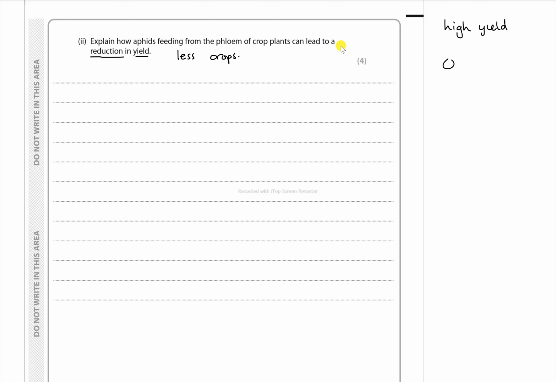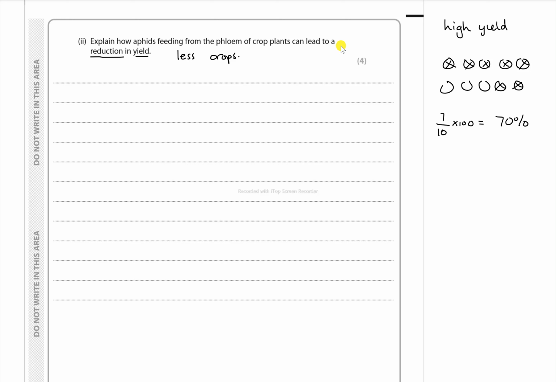And remember the example we gave: I've planted 10 seeds and 7 grow. So my yield is 7 out of 10. And if I want to turn it into percentage, my yield is 70%. I want this to be as high as possible. I really want it 100%, but you're not going to get that.